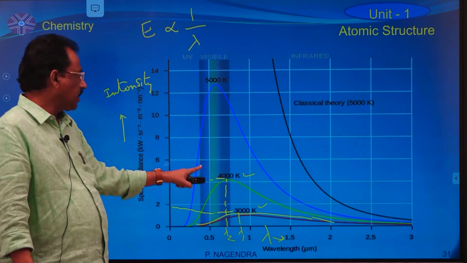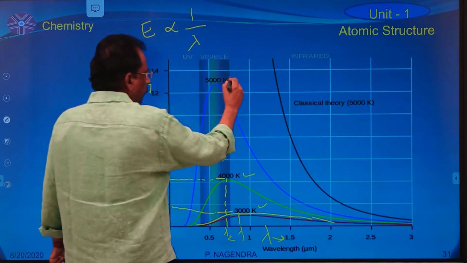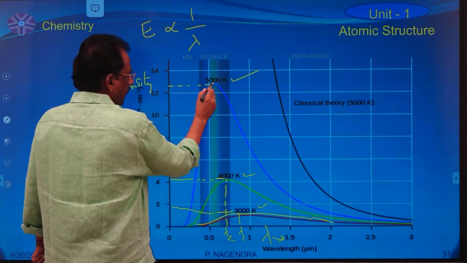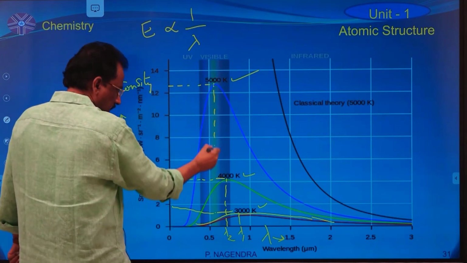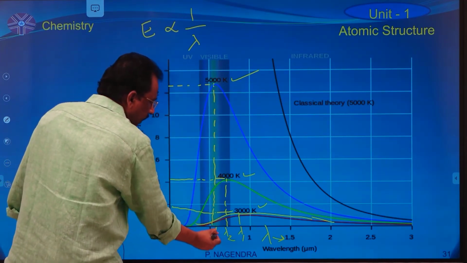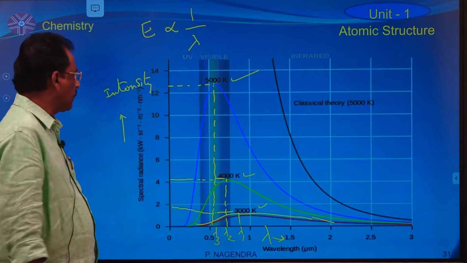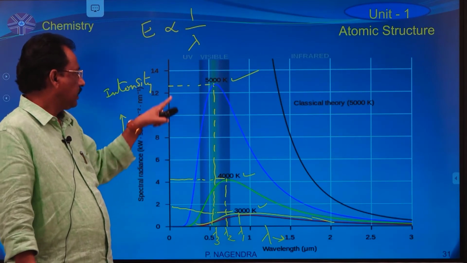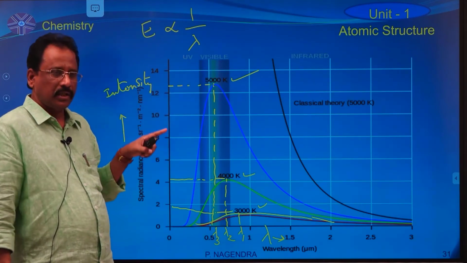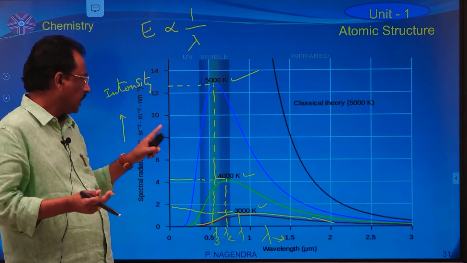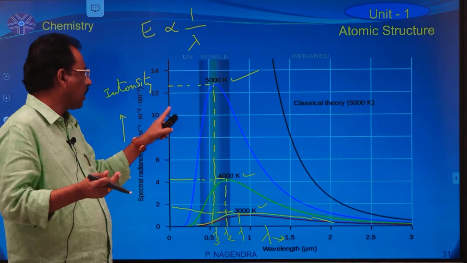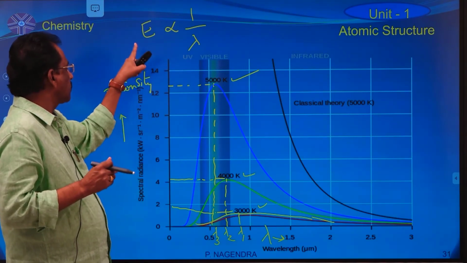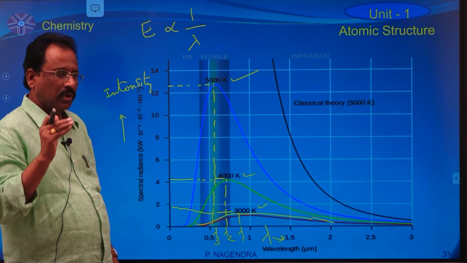If we increase the temperature further, at 5000 Kelvin temperature, now this is the maximum intensity of the radiation and the corresponding lambda value is here. That means when temperature increases further, the maximum intensity of the radiation emitted by a black body shifts towards shorter wavelengths, which indicates that at shorter wavelengths the energy of the radiation is more.